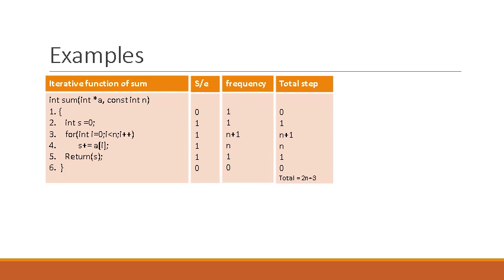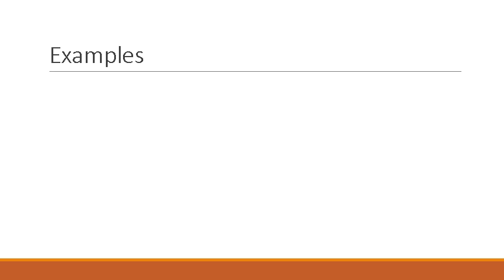So like that, we can say that the time complexity for this code is proportional to the n we are passing. So time complexity is order of n, and its function will be f(n) is equal to 2n plus 3.